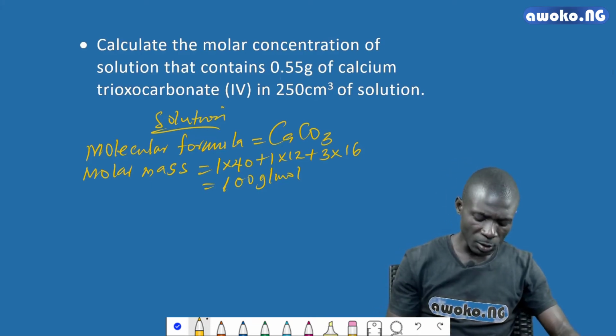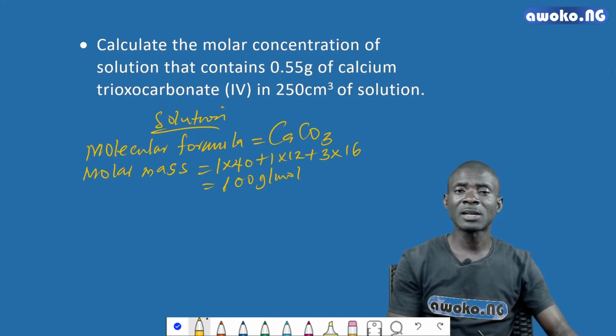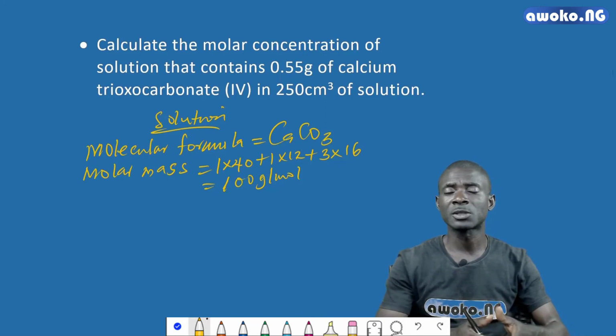Now, in doing that, we are going to equate the mass of 0.55 grams to 250 cm cube, and we are going to look at the mass dissolved in 1000 cm cube to obtain a standard solution of the salt.